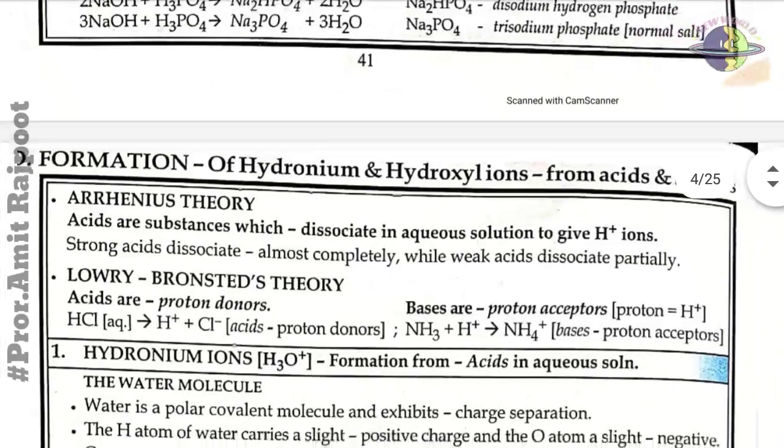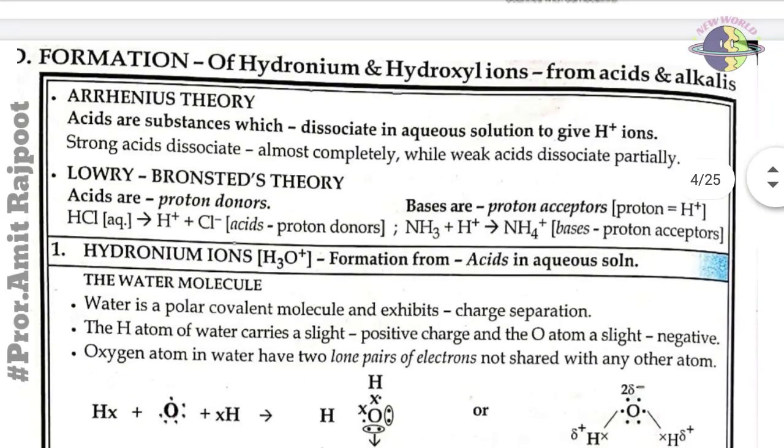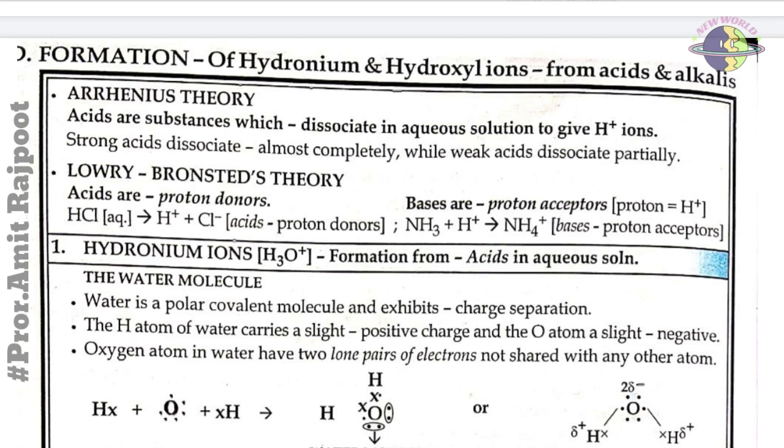Come to the next, formation of hydronium and hydroxyl ions from acids and alkalis. Arrhenius theory describes acids as substances which, when dissolved in aqueous solution, dissociate to give H plus ions. Similarly, in Lowry-Bronsted theory, acids are proton donors and bases are proton acceptors.